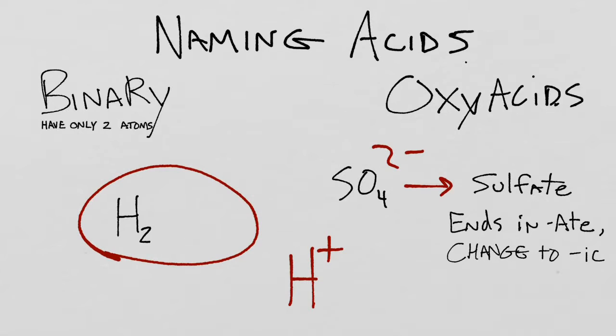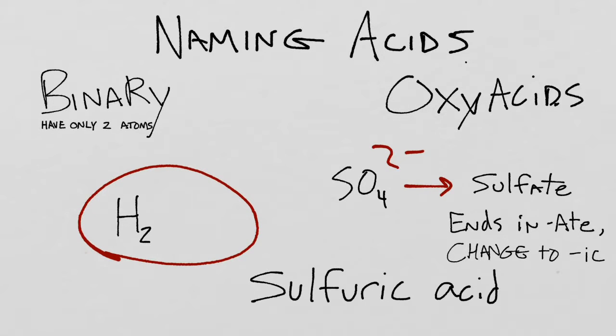So if it ends in ate, then we're going to change it to ic. So for sulfate, that becomes, we take a little liberty here, sulfuric. It wouldn't be sulfic, but sulfuric, and each of the anions will have its own little adjustment to make, but the ending will be ic, and so sulfuric acid would be its name.